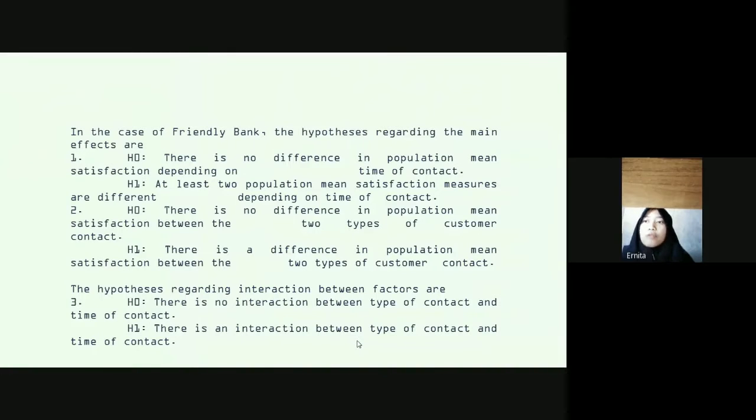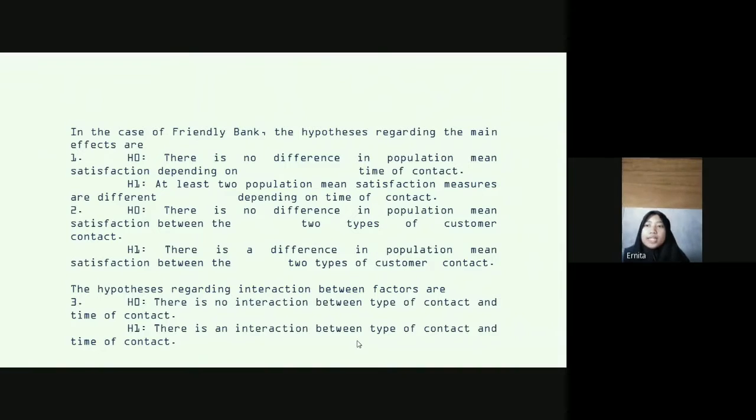Next, in the case of Friendly Bank, the hypotheses regarding the main effects are: First, H0 is there is no difference in population mean satisfaction depending on time of contact. H1, at least two population mean satisfaction measures are different depending on time of contact. Second hypothesis, H0 is there is no difference in population mean satisfaction between the two types of customer contact.